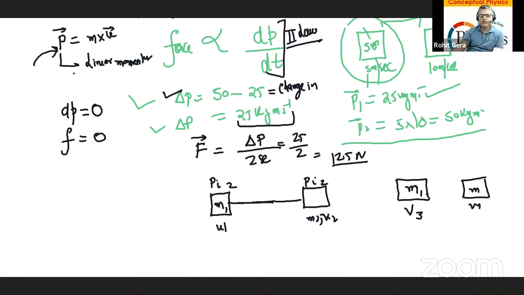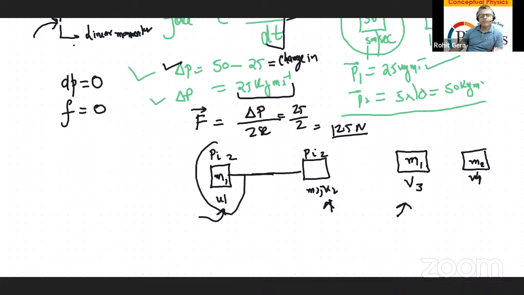The impression you will carry in your mind is, the velocity v1 has become v3 after they have collided, and the velocity v2 of the second mass has become v4. Therefore, individually, each of the bodies has undergone a change of momentum. This body also has undergone a change of momentum because the velocity has changed.